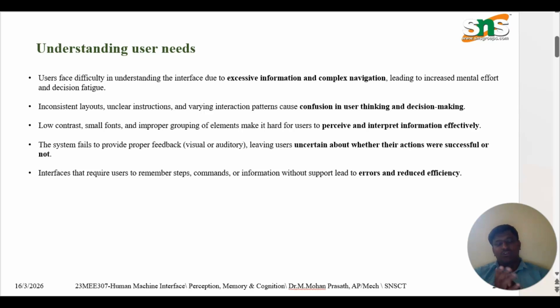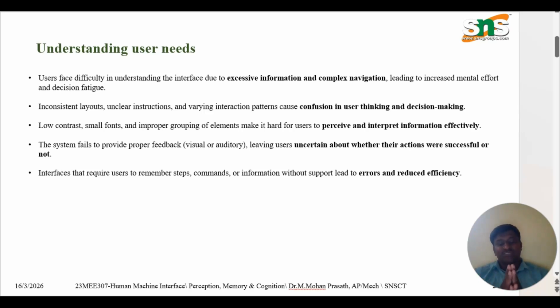The first one was that users face difficulty in understanding the interface due to excessive information and complex navigation. The next one was inconsistent layout and unclear instructions, which cause confusion in user thinking and decision making. The next one was low contrast and small fonts, which make it hard for users to perceive information effectively.